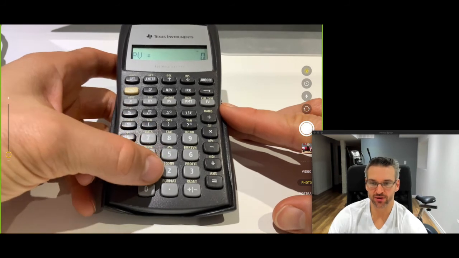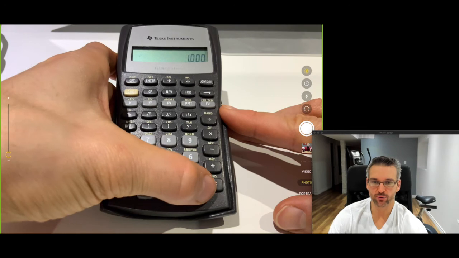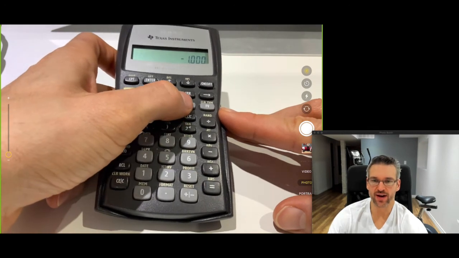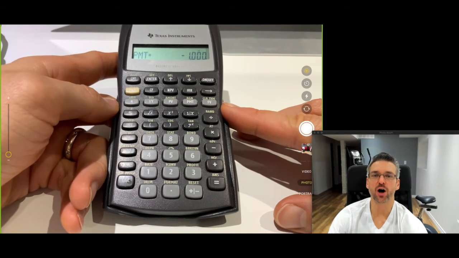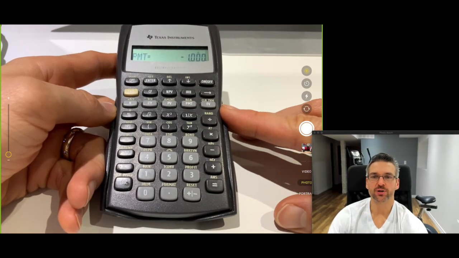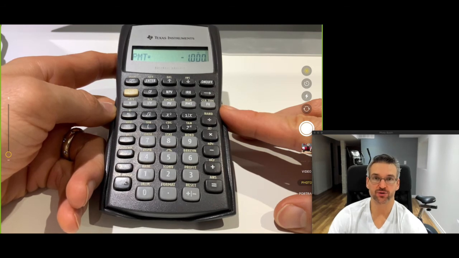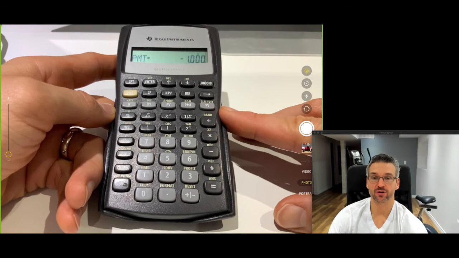So that's what I'm going to do. I'm going to say we have our payment, which is negative, meaning we're investing money. So that's our payment. And the future value should be positive. So when you're inputting, do not input payment and future value with the same sign because you're going to get the wrong answer on your analyst.